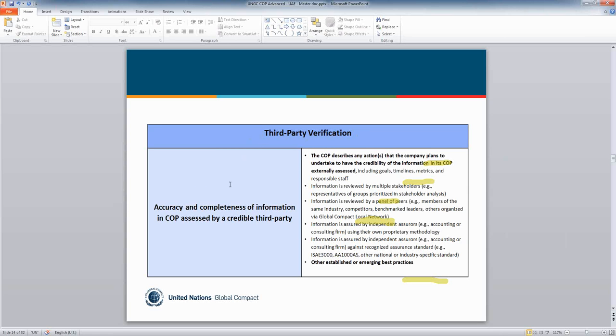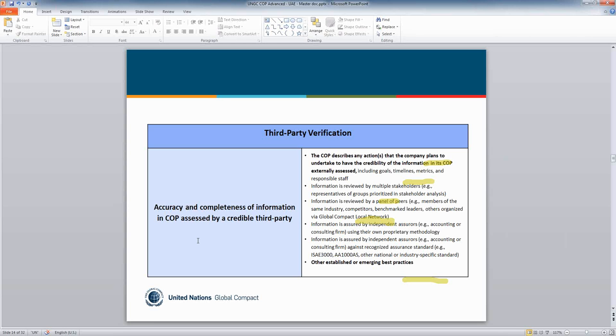Third-party verification. The idea for this criterion to be in there is to measure the accuracy and the completeness of information in a COP as assessed by a credible third party.